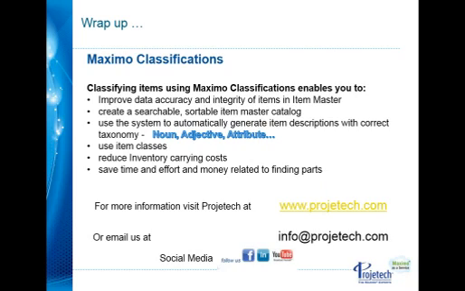It helps you create a searchable, sortable item master catalog. You can use the system to automatically generate item descriptions with correct taxonomy, with the noun, adjectives, attributes. Can use item classes. It reduces inventory carrying costs, and it'll save a lot of time and effort and money related to finding parts.